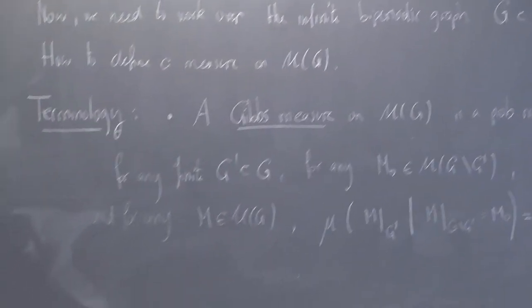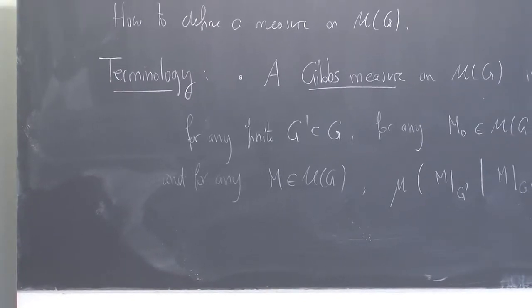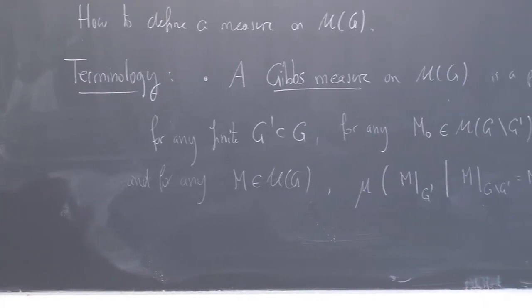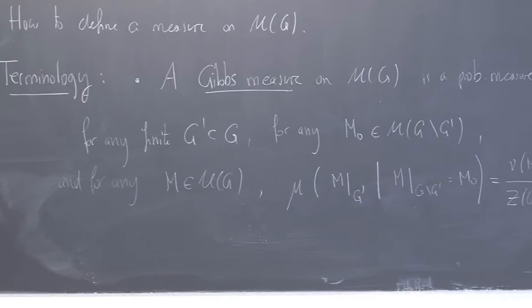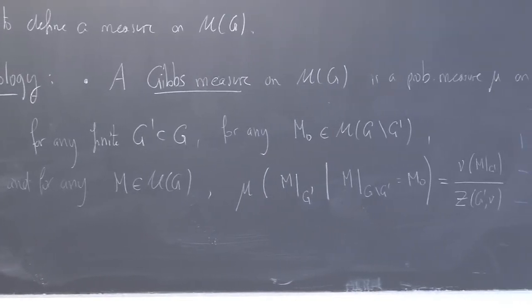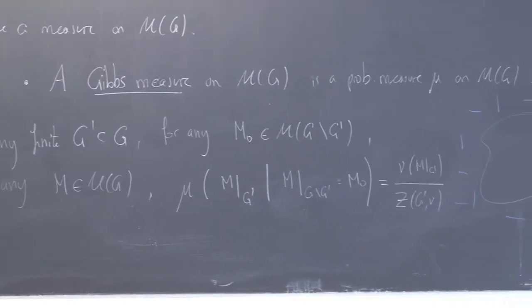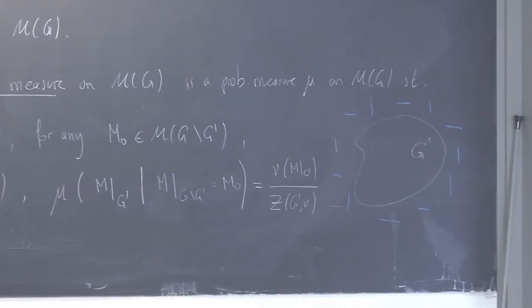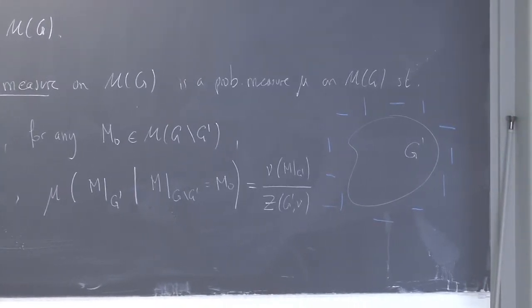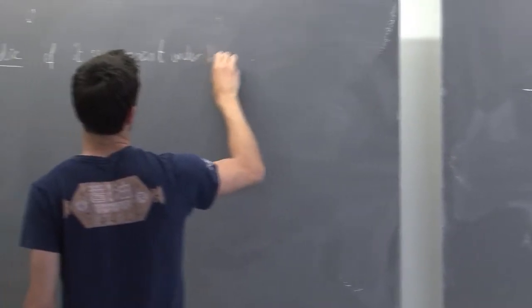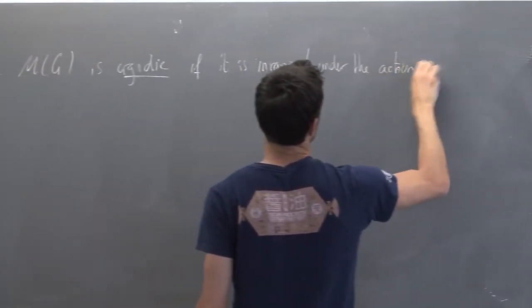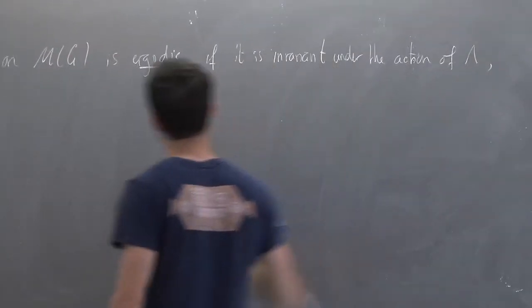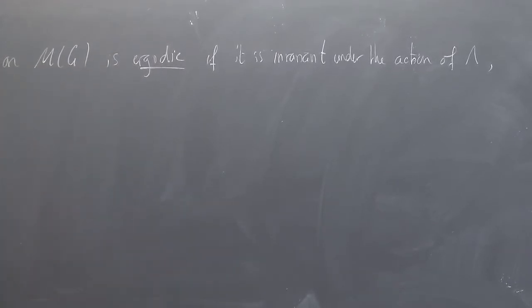And what does it mean that this Gibbs measure is ergodic? So a Gibbs measure nu on M of G is ergodic if it is invariant under the action of lambda, which is again this lattice, right?